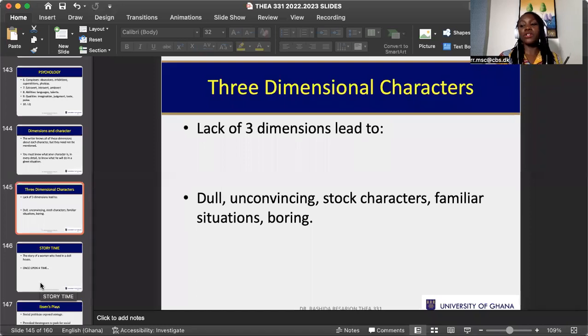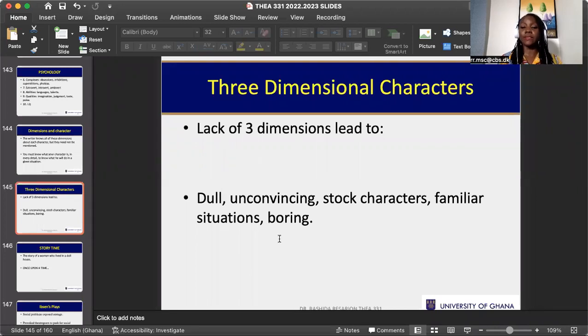And so three-dimensional characters are capable of growth because they have depth. They are deep. We've been given their physiology, we've been given their social relations, and we've been given their psychology and their motivation. And their motivation checks out. You see how their motivation checks out along with their backgrounds. And so they make sense.